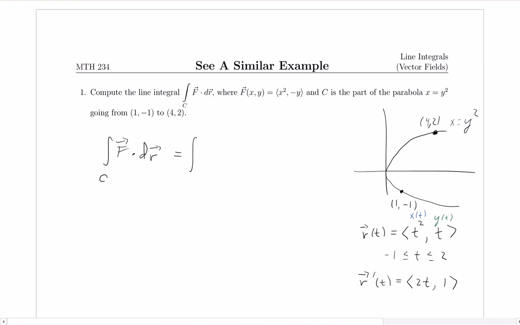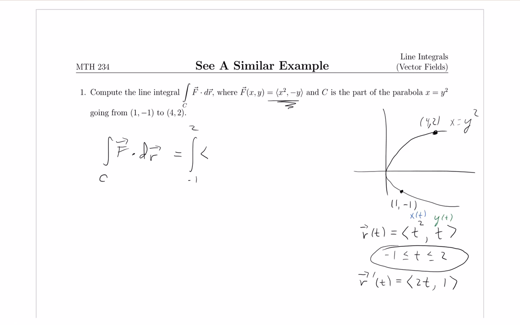So to turn this into an integral that we can do, we're going to substitute everything in terms of t. So the bounds of the integral will just be given here by the bounds of our parameterization r of t. So it will go from -1 to 2. And then we just write F. F is x squared comma minus y. But we need to substitute for t, so we use x of t and y of t from the parameterization.